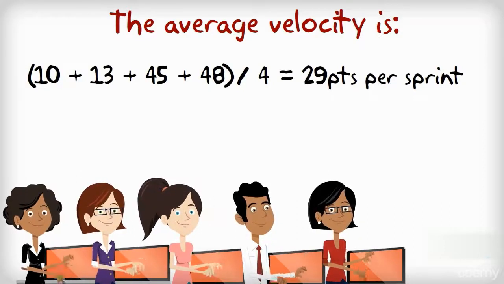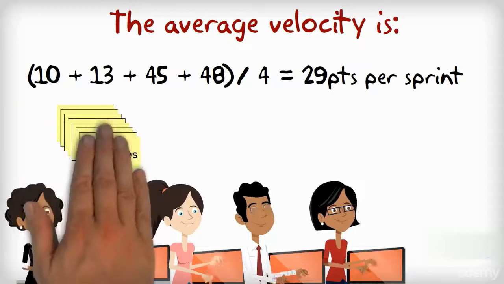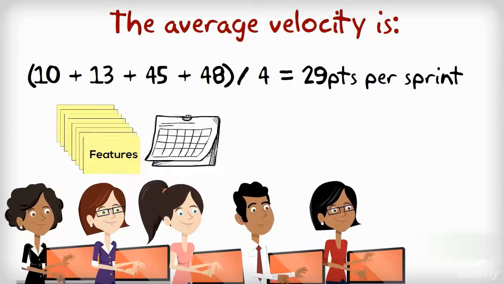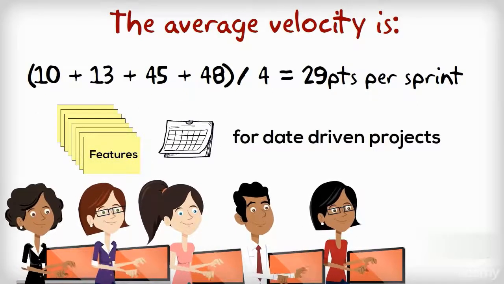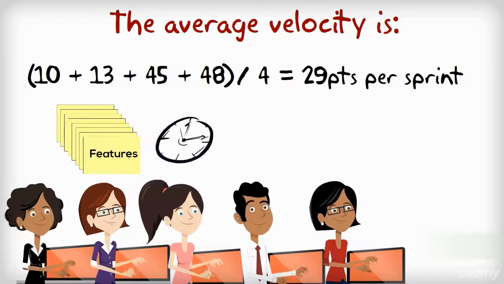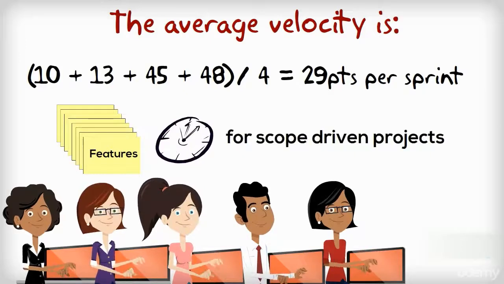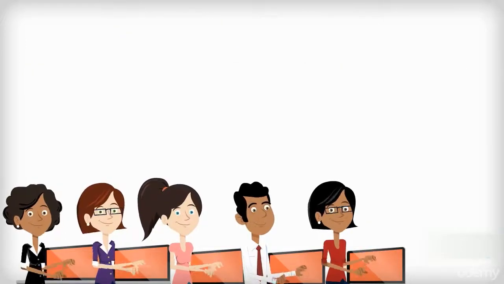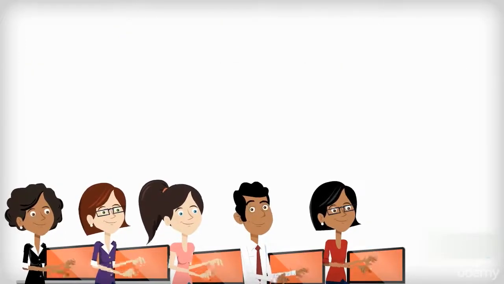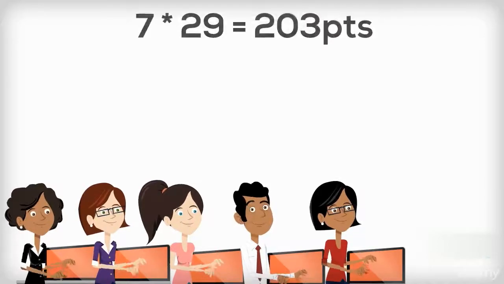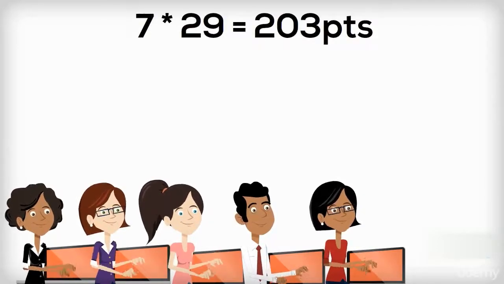This statistic can be used to forecast how many features are likely to be completed by a release date for date-driven projects, or how long a number of features are likely to take for scope-driven projects. That is, if there are 7 sprints left in the release, then the forecast number of points is 7 times 29, which equals 203 points.